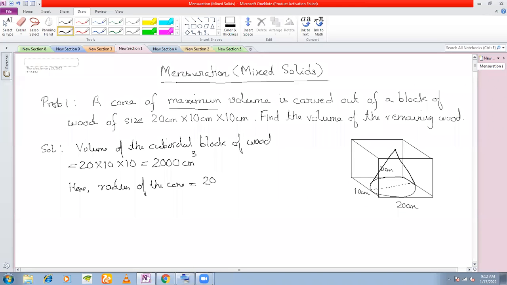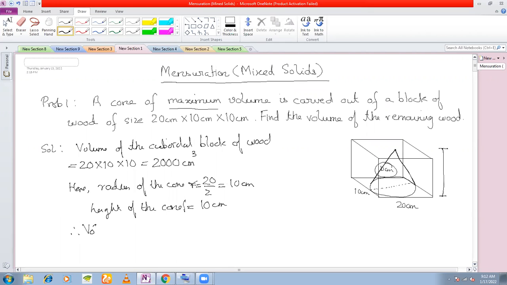So that means radius will be 20 by 2, that's right, R here. 10 centimeter is the radius. And what should be the height of the cone? This is the height of the cone, right? That means this 10 centimeter is the height of the cone. 10 centimeter.